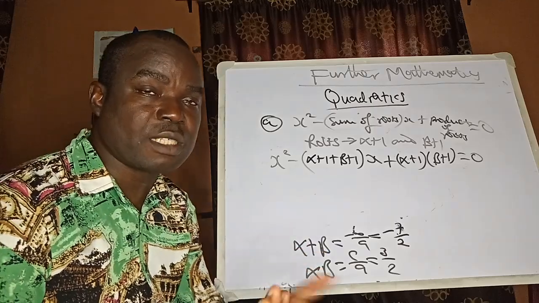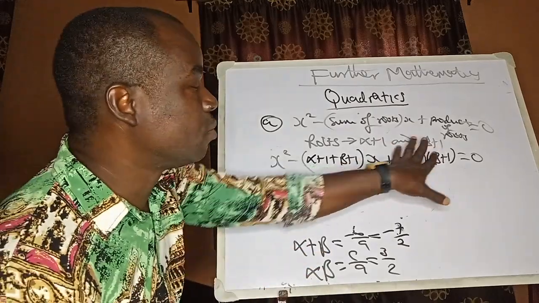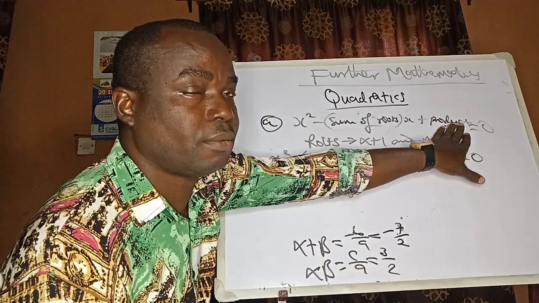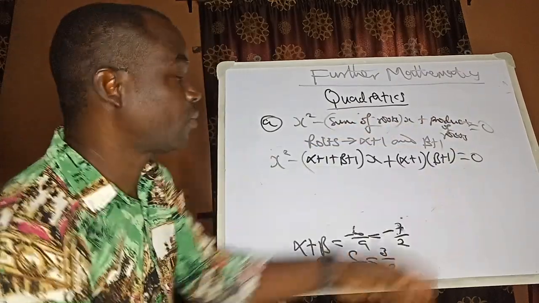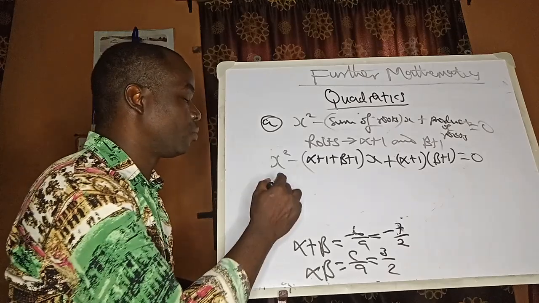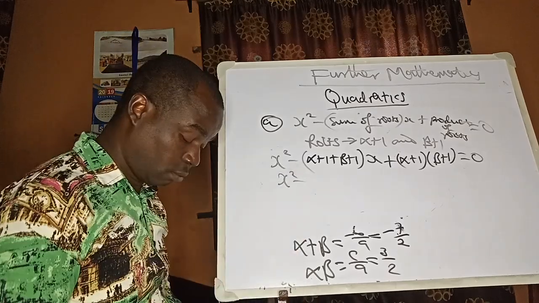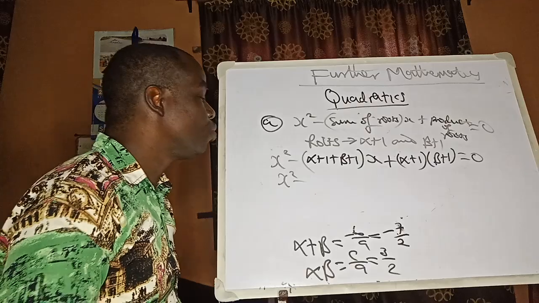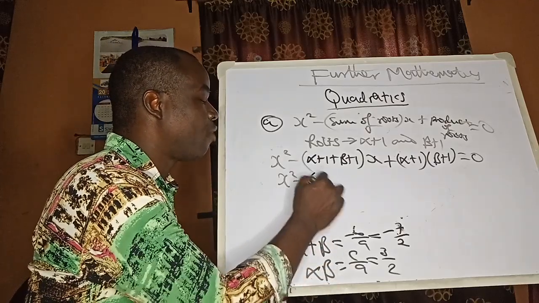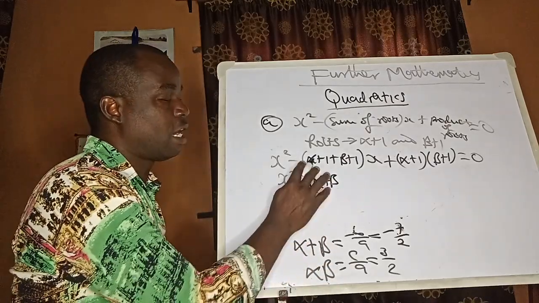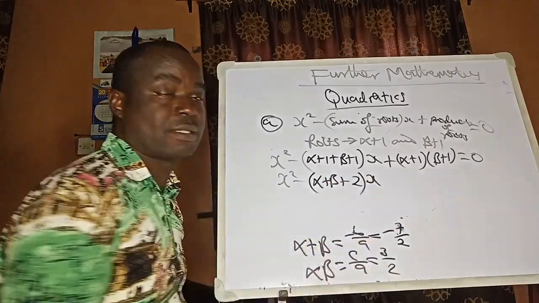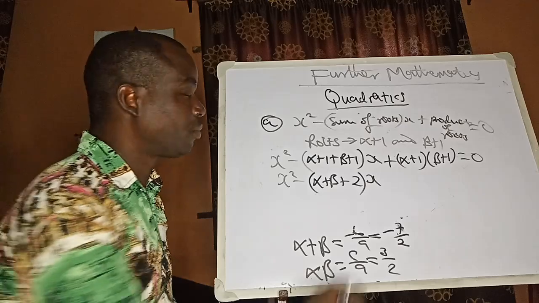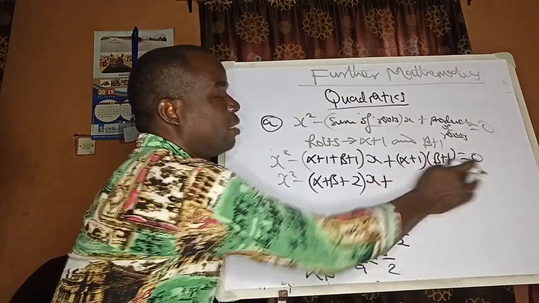So the two roots you are given, put them inside here and here. This will be plus, the sum; this will be the product, multiplication. Now let's arrange it. This one will be alpha plus beta, then 1 plus 1 is 2. Bring down your x.